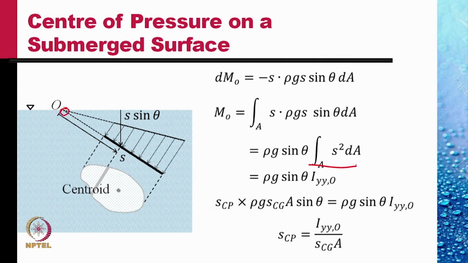Now this moment should be equal to the distance of the center of pressure, SCP, multiplied by the total force, which was determined in the last slide as the pressure at the centroid, rho g SCG sine theta, times the area A. So that SCP is obtained as IYYO divided by SCGA.